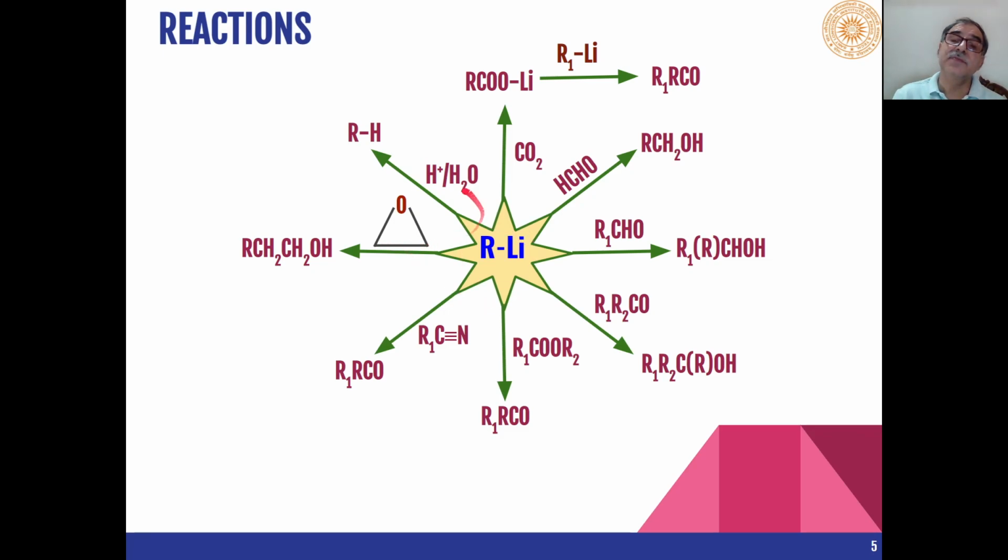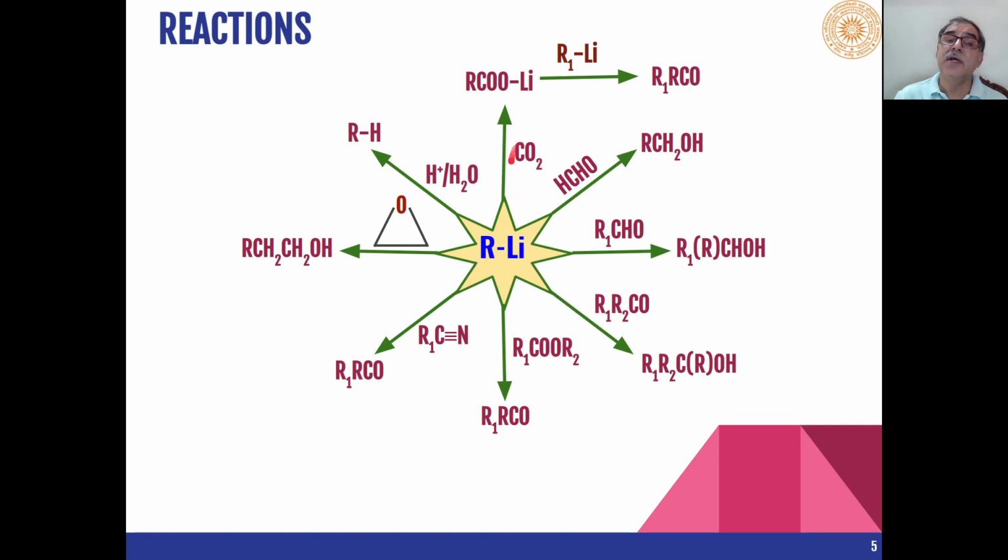Then alkyl lithiums undergo hydrolysis to give us alkanes as the product. So H from water will get attached to the more electronegative alkyl group, whereas lithium hydroxide will be formed in addition.